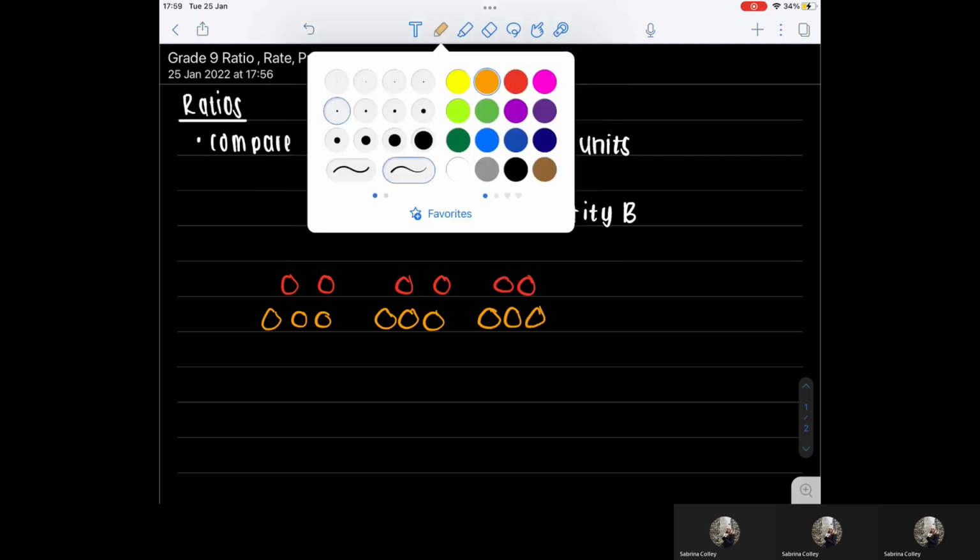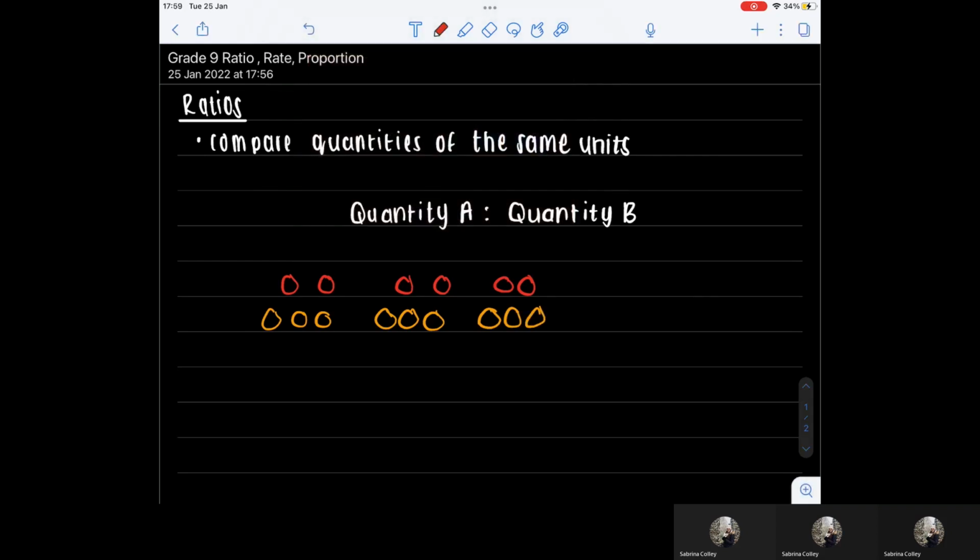Okay, so with my apples and oranges, so I know that I've got 1, 2, 3, 4, 5, 6. 6 apples, so if we're comparing apples to oranges, so they're both fruit. I've got 6 apples, and I've got 1, 2, 3, 4, 5, 6, 7, 8, 9 oranges, right? Okay, so I write the ratio like that.